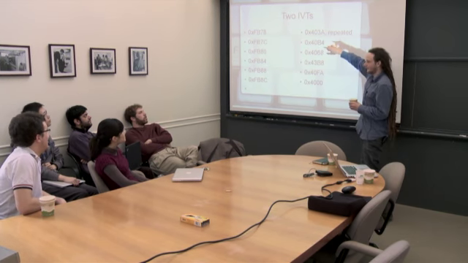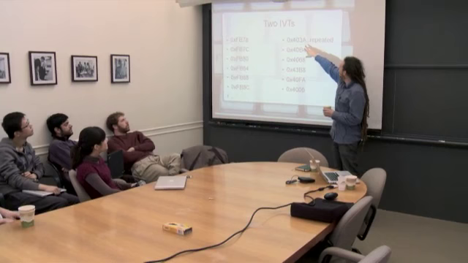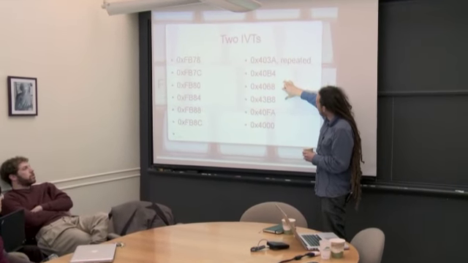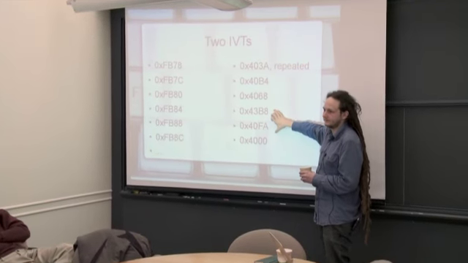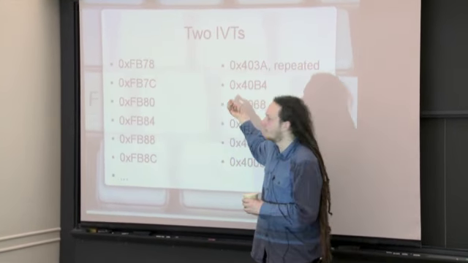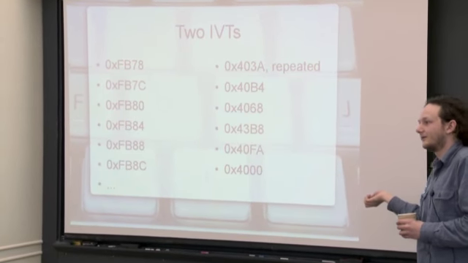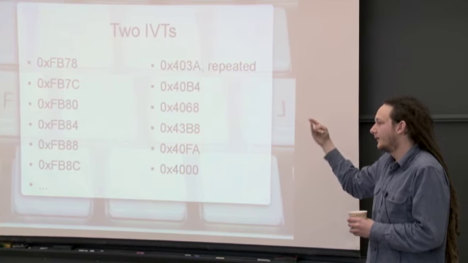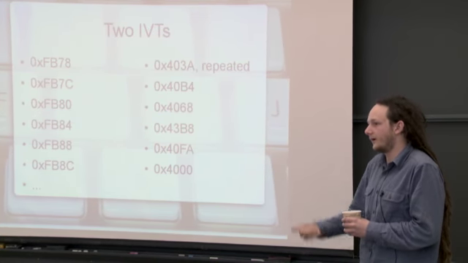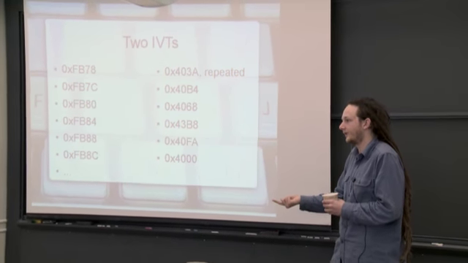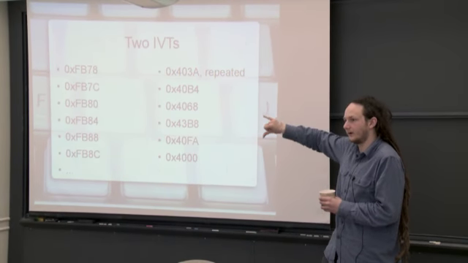So, what he's saying is that on this one, you've got 403A used all over the place. And then these other ones have irregular distances between them. Whereas in this table, each one of these is 4 more than the one next to it. And a branch to an address requires 16 bits for the opcode and 16 bits for the address itself, which produces that 4-byte difference.